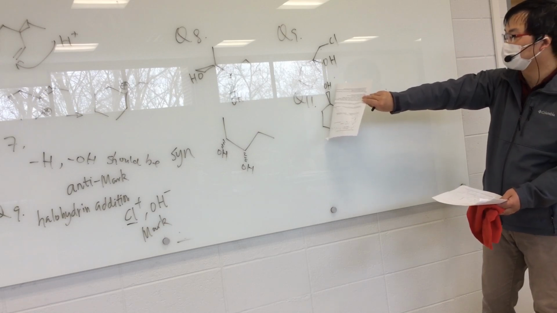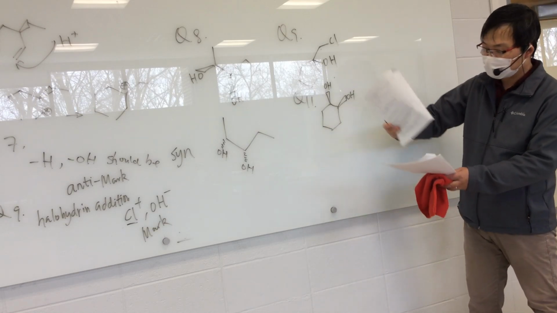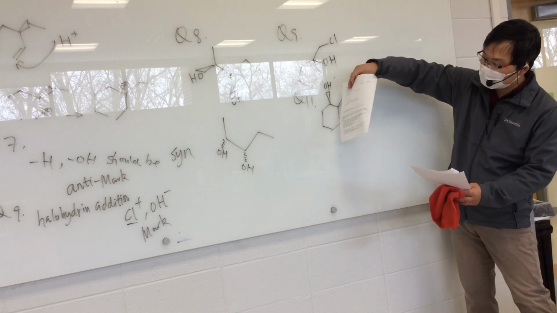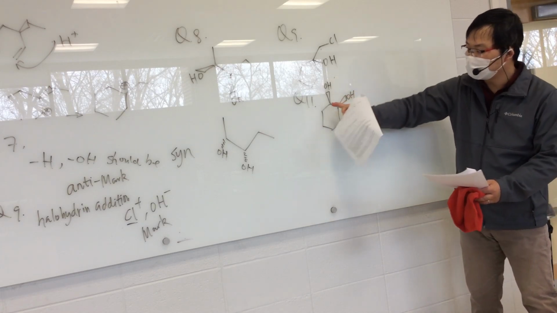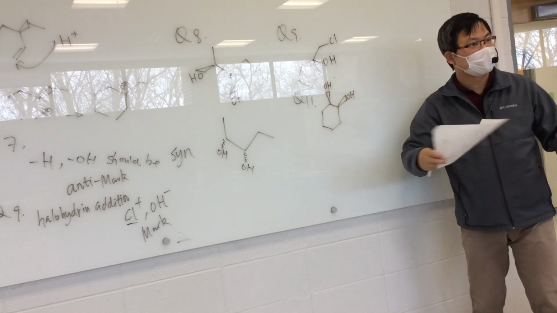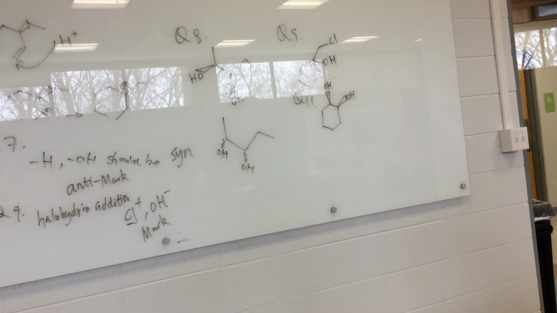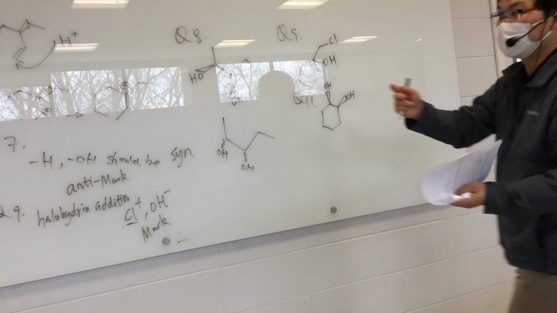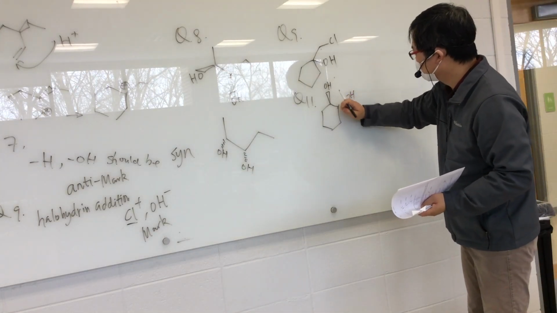There's a symmetrical plane here. This half and this half are the same. When they have a symmetry plane like this, they must have opposite chirality. Okay, opposite chirality. And now, for this question, it is behind.